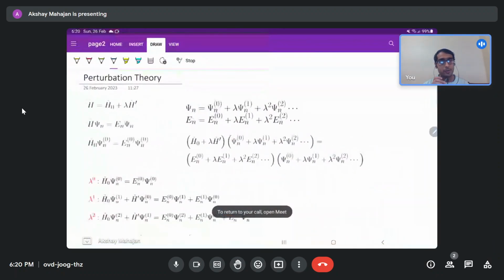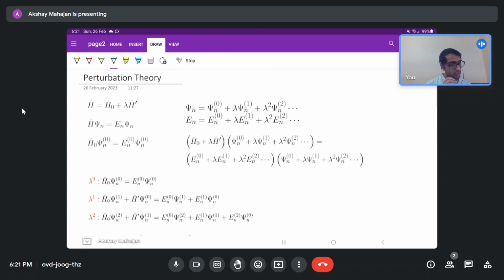We know the solution of H cap naught, which is our unperturbed state, and H cap prime is our extra perturbation, some extra perturbative potential that you have provided, and we multiply it by lambda to give it the strength. So if lambda tends to 0, then we go to our H cap naught, which is our unperturbed state. We directly go to that.